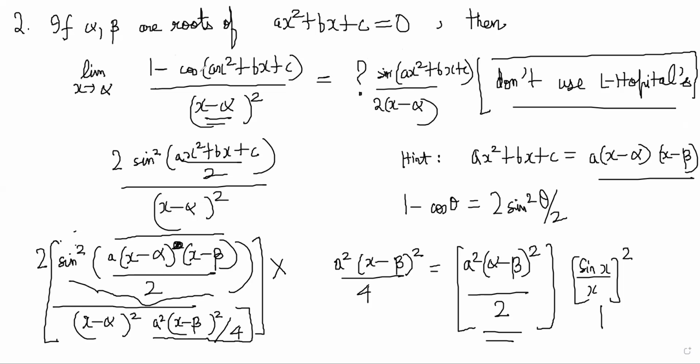Actually it will have some other terms also, the chain rule terms. 2ax plus b will also be there. And second time also you'll have to do because this numerator is 0 and this denominator is 0. Second time you'll have to do by product rule differentiation. So anyway, it is going to become long and you're likely to make mistakes if you do L'Hopital's.